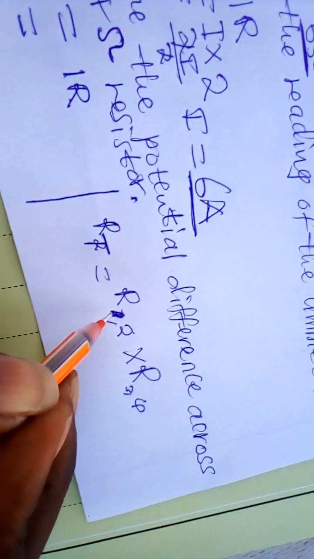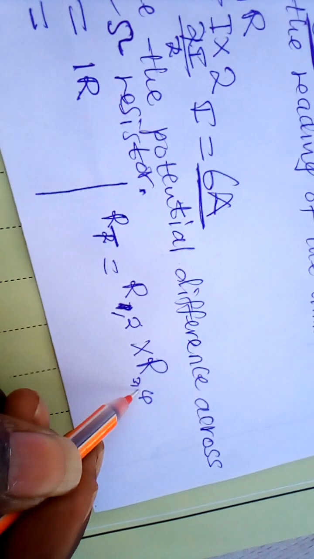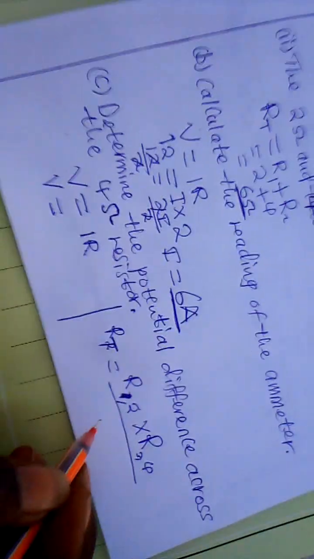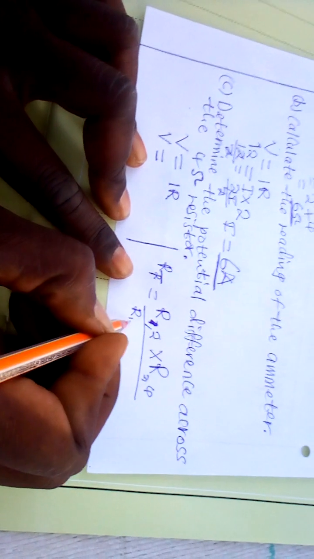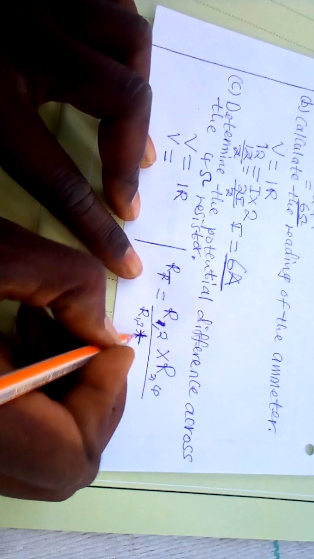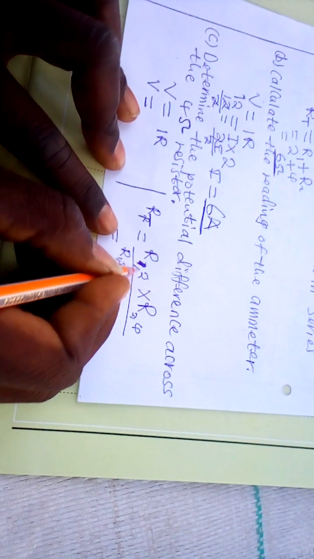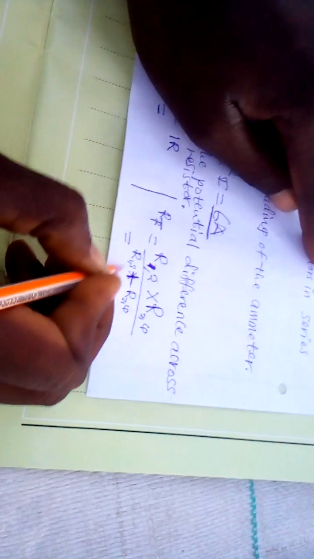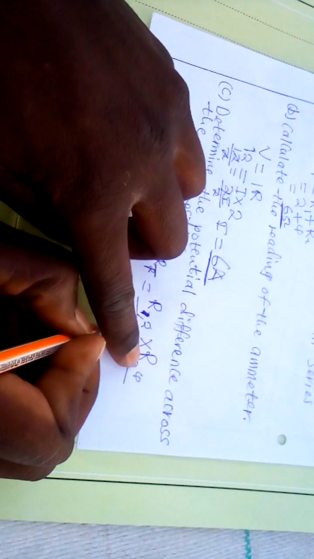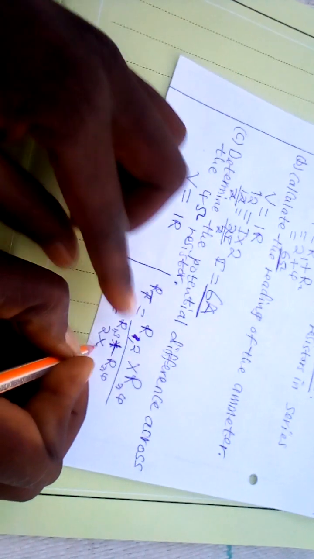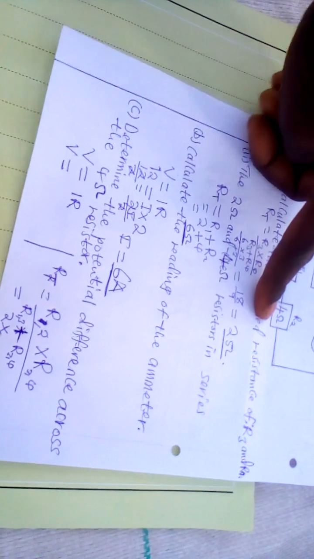In this case, we are saying that this is one resistance and this is one resistance. So RT is equal to R1,2 times R3,4, then over R1,2 plus R3,4. Now R1,2, the value we have calculated is 6.